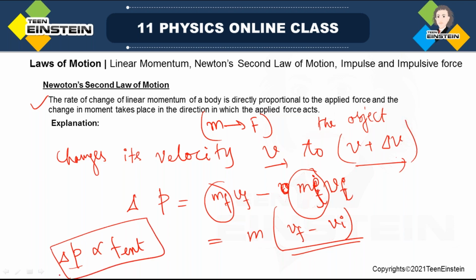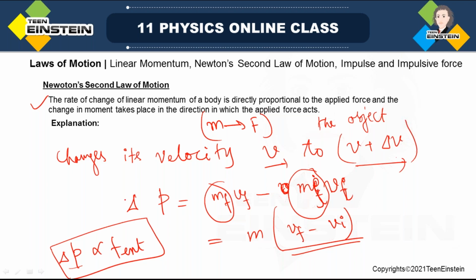So the statement is saying that the time rate of change of linear momentum is directly proportional to the external force.